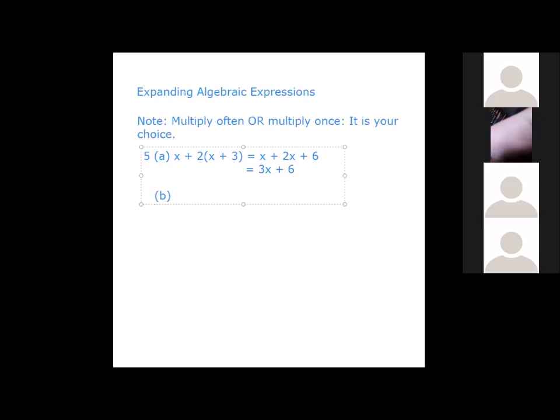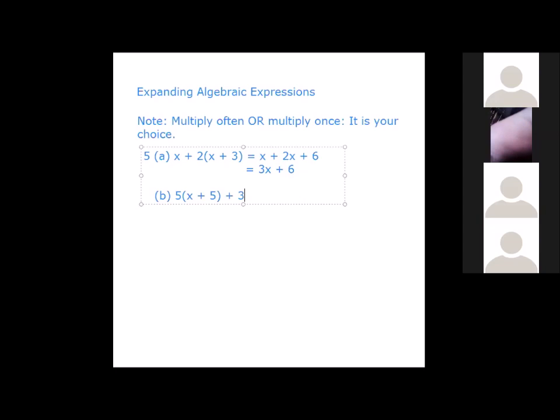This one, 5 parenthesis x plus 5. Again, 5 parenthesis x plus 5. So maybe Ella can expand this, and then we will combine it with the answer for Han.